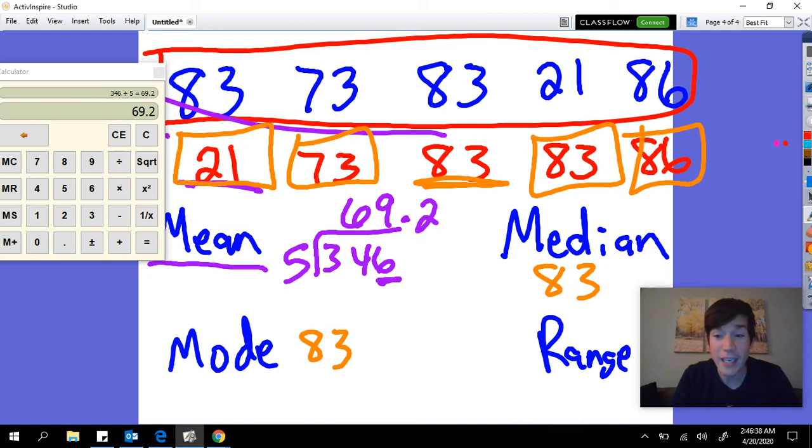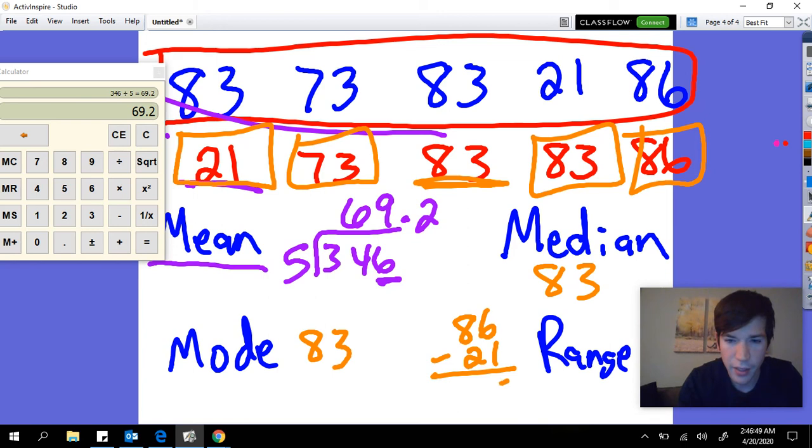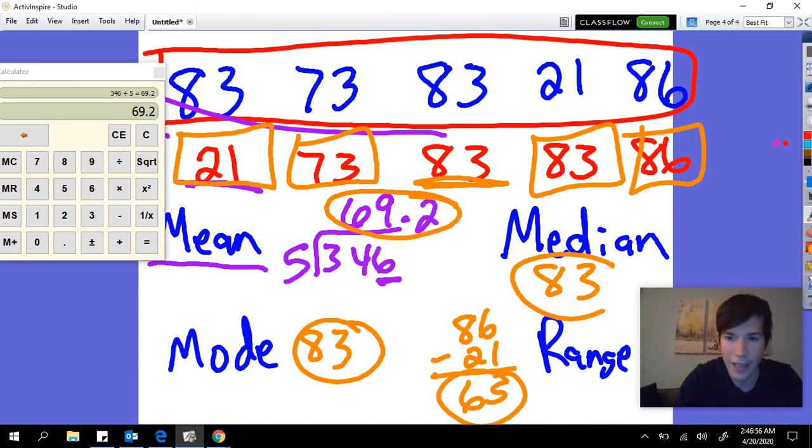And then our range is always the difference between the biggest number and the smallest number. So we're going to be going from 86 to 21. So our range is going to be 65. So we have our 4 values here: our mean, our median, our mode, and our range.